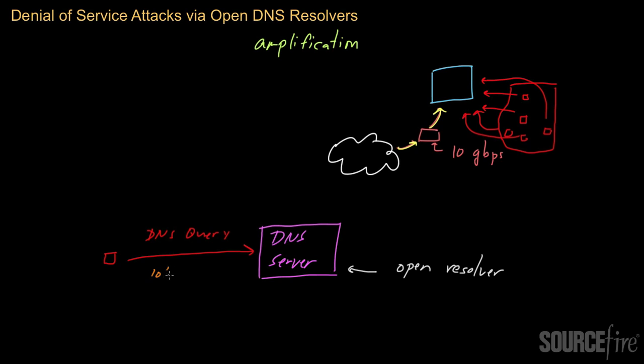So imagine his query is in the tens of bytes in length. Now he's going to design this query so that it has a large response. The reason is that he can design a query to request, for example, all the DNS records associated with a particular zone.